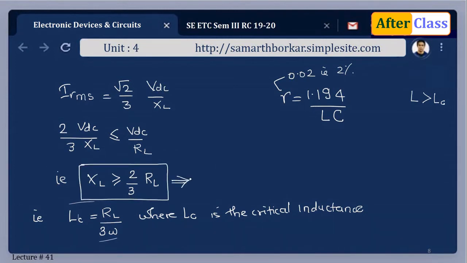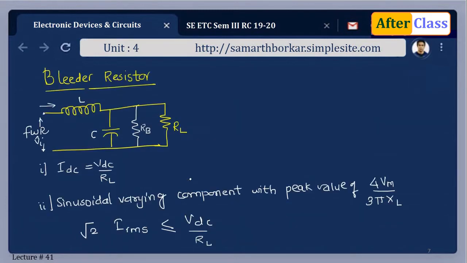of XL greater or equal to 2 by 3 times RL cannot be satisfied for all the load requirements at no load. At no load meaning when the RL is not connected. So when load resistance is not connected in this circuit, if I disconnect the load resistance, meaning I take it out from the circuit, then it will act as an open circuit, and in that case the load resistance is infinite.